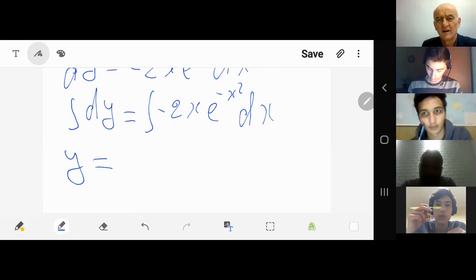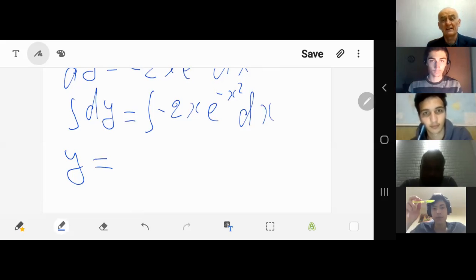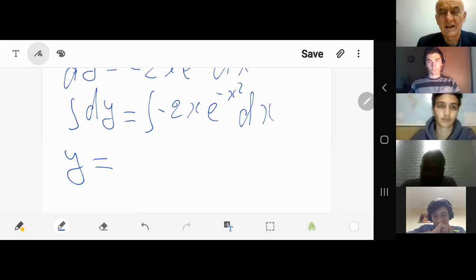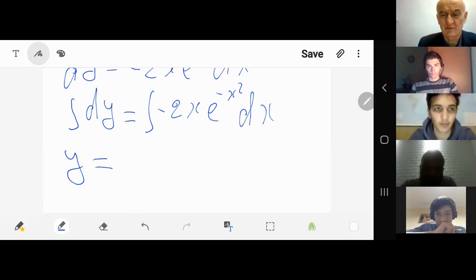Can we move out minus 2? Yes, we can move out minus 2, but there is another question: how does it work if we move it out? We will have in the integral x times e to power minus x squared, but we have no basic integral to find it.